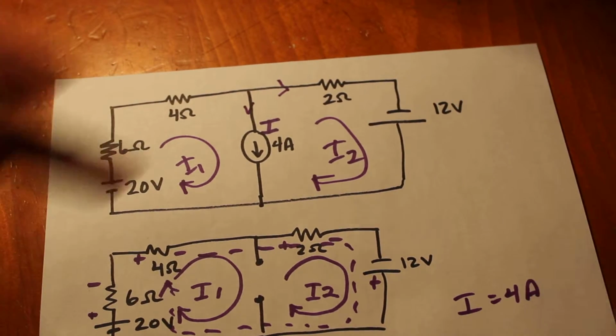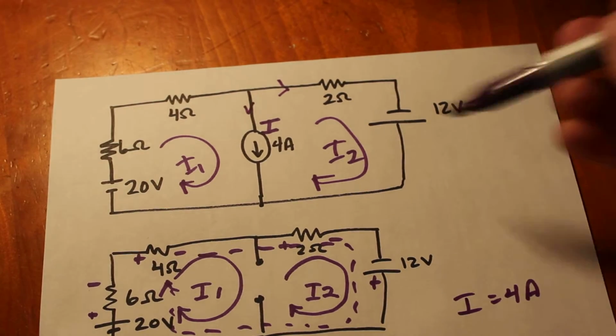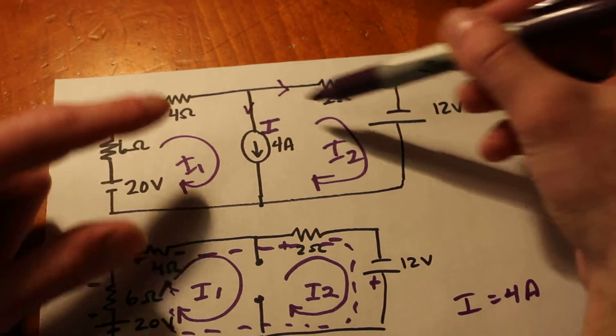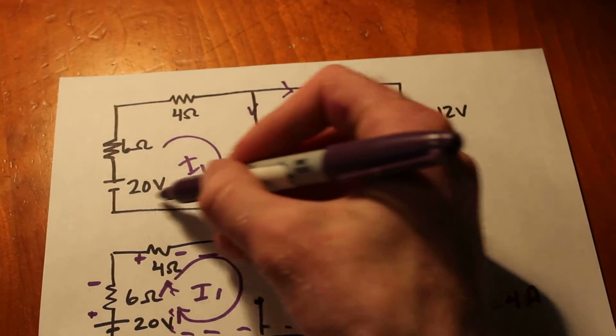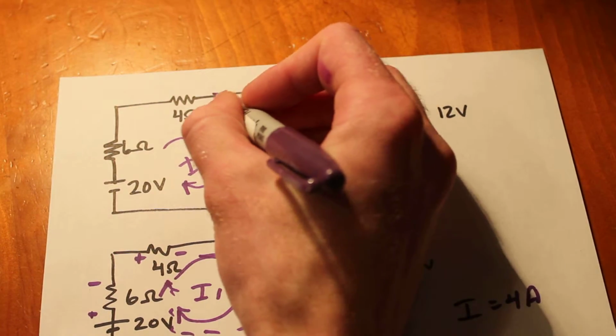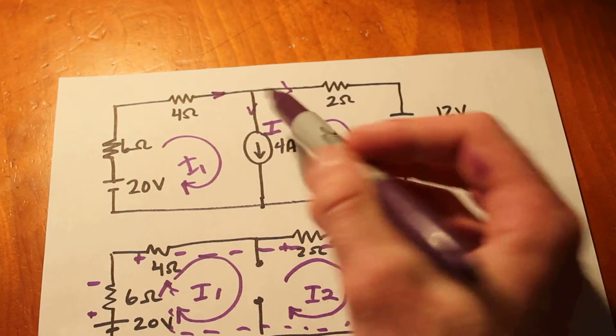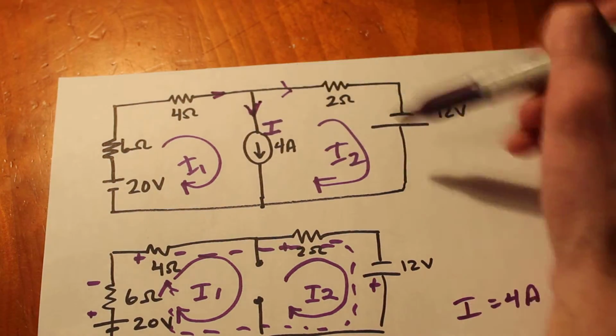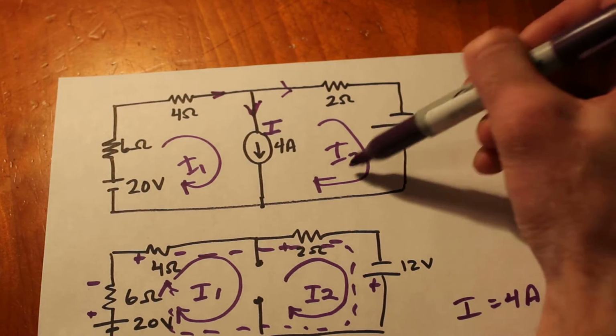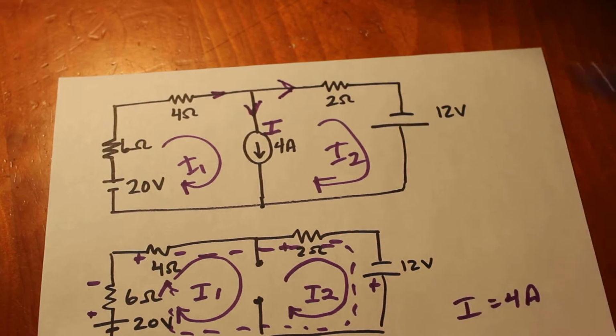So when you're formulating these equations, you just have to look at the direction in which these I values are going. So we have I1 going around, it's going that way, and it's consistent with this I going down, so that's 1, and it's consistent with this I2, so that's 2.